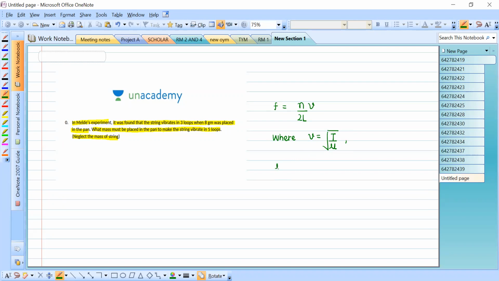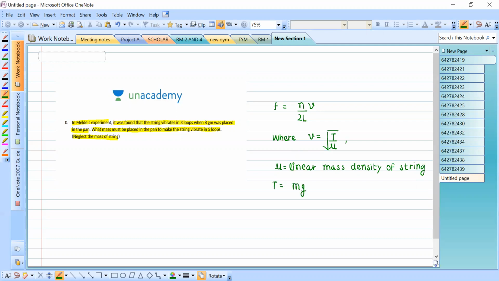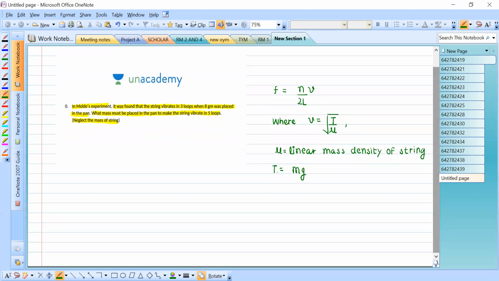Remember that mu is the linear mass density of the string, so it is going to be constant. And tension T here is due to the mass, so T equals mg. So v is the square root of mg by mu.